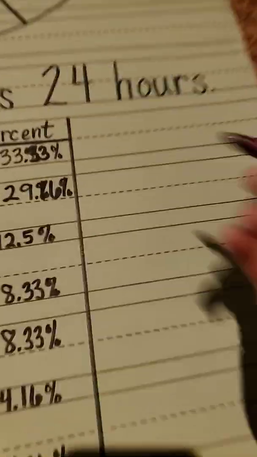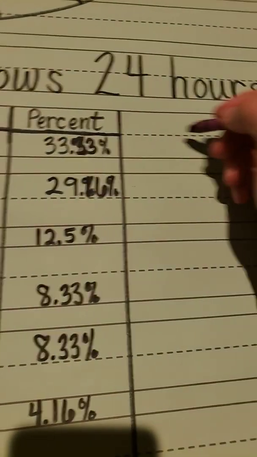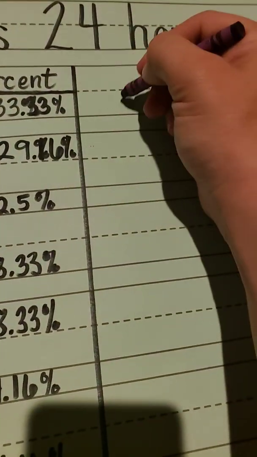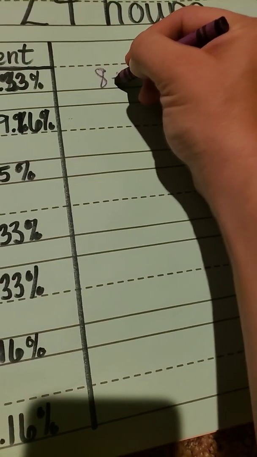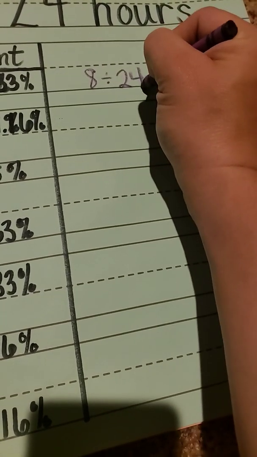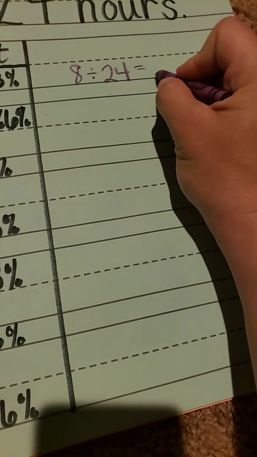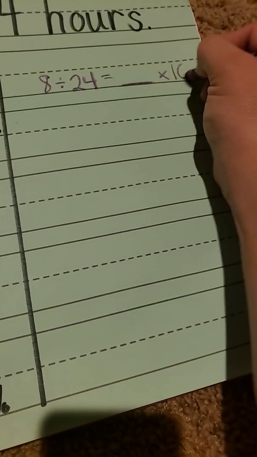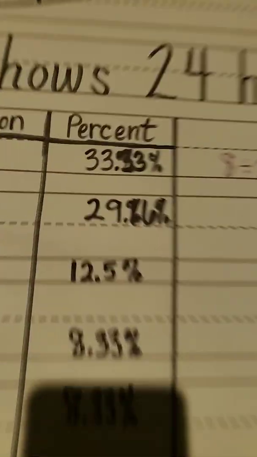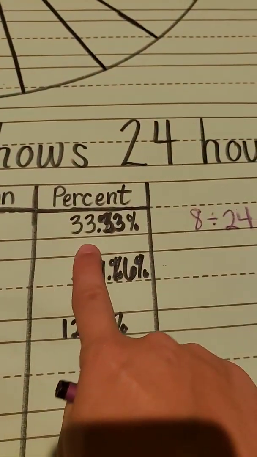Okay? So I'll write that down for you out beside it so you'll know. All right, so like this one was 8, and then divided by 24 equals, and whatever that answer is, you times it by 100, and that's where you get that answer, okay?